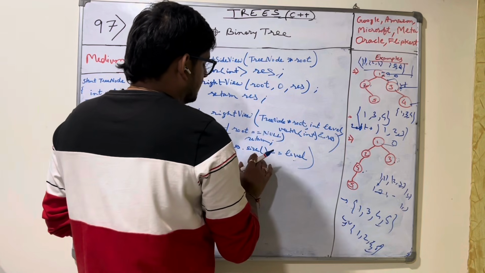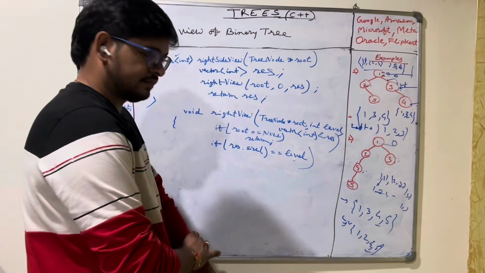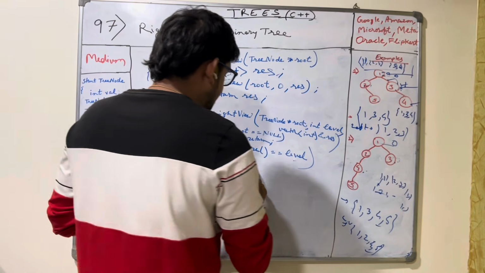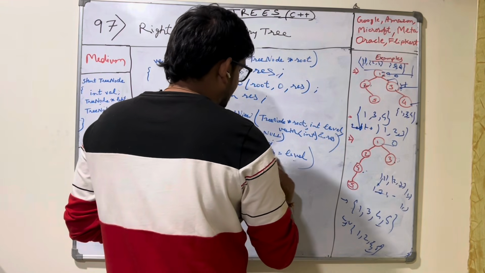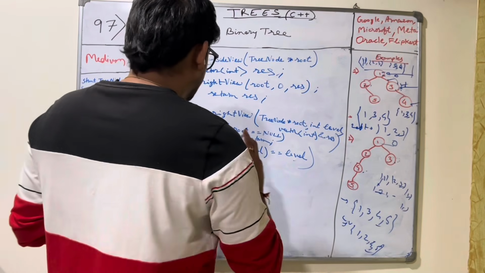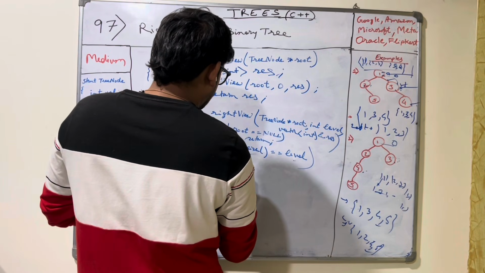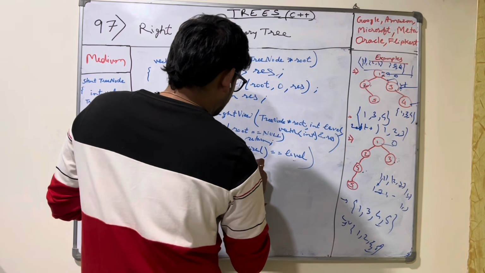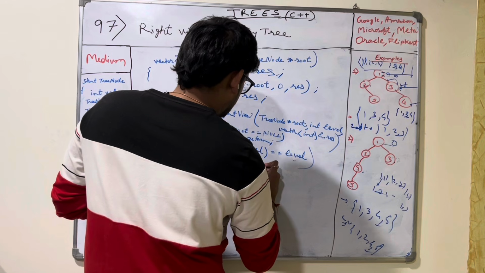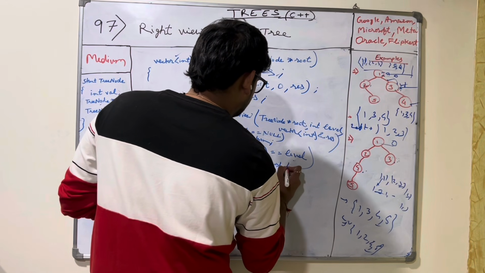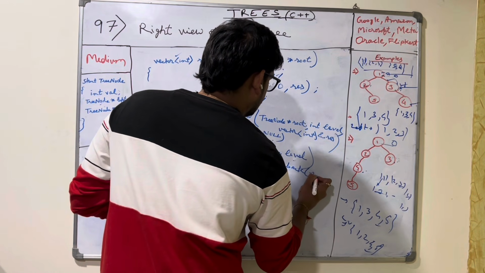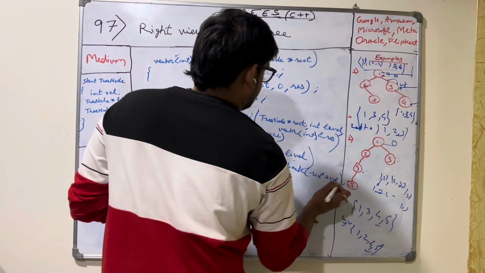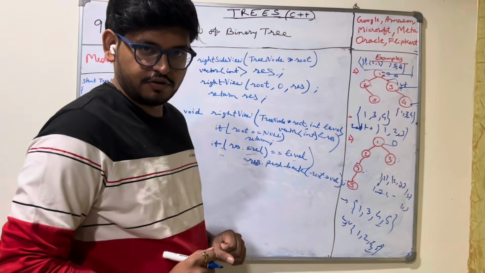So we are going to take only one element at each level, right? So if the number of elements in the vector is equal to the level, then what we will do, we'll insert the value, result dot push_back root value. Okay, we'll insert this value if result size equal to level.